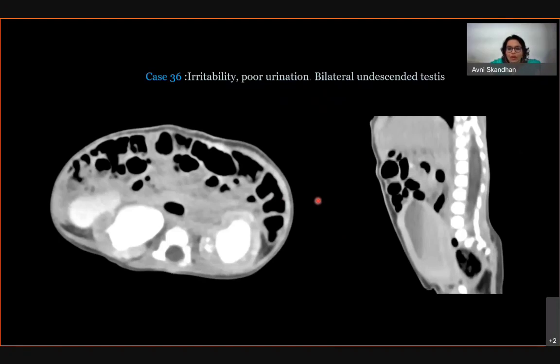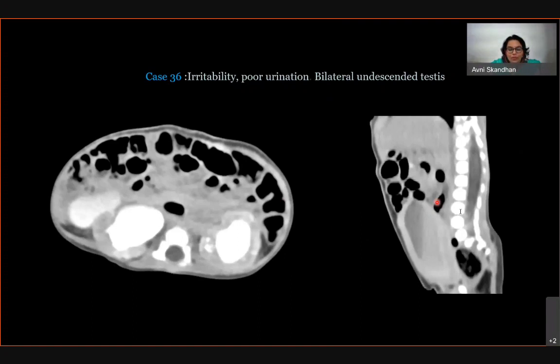Now, this is a child who is irritable, has a poor urine stream, has bilateral undescended testis. Look at the entire picture. You're seeing this obstruction because you're seeing a dilated system.